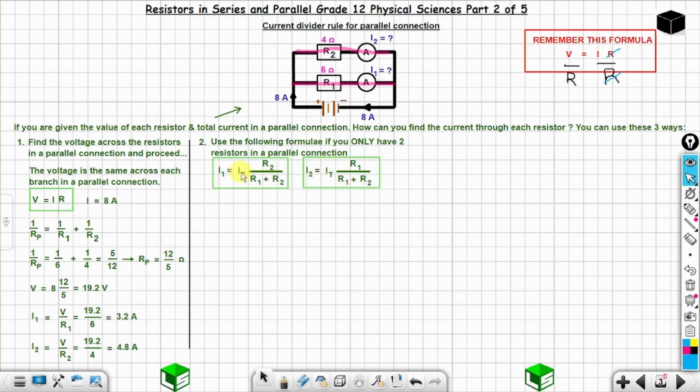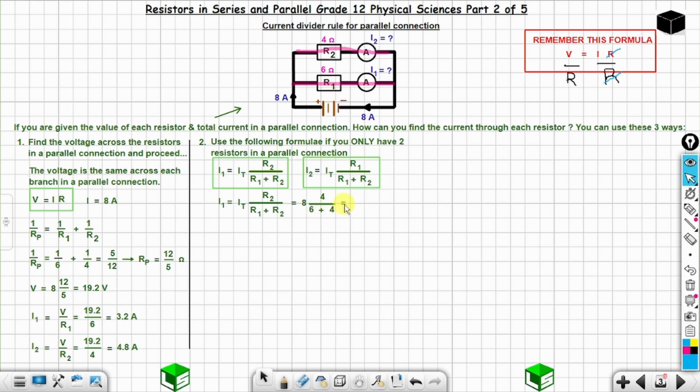I1 is equal to the total current IT times R2 over R1 plus R2, 6 plus 4.